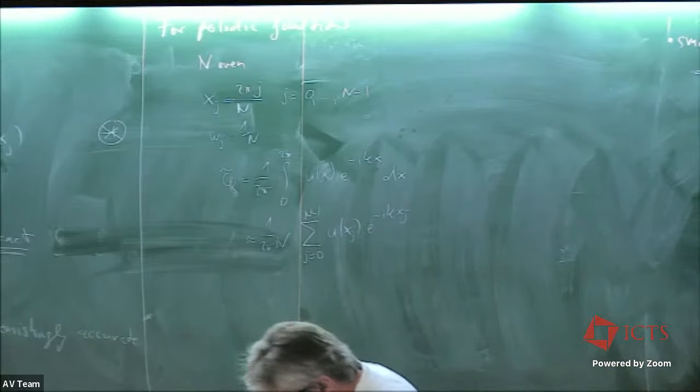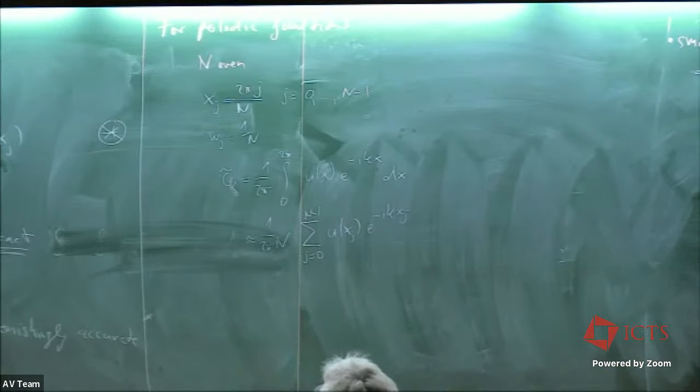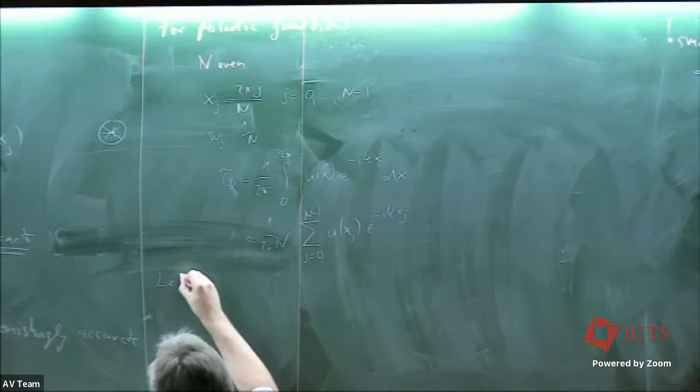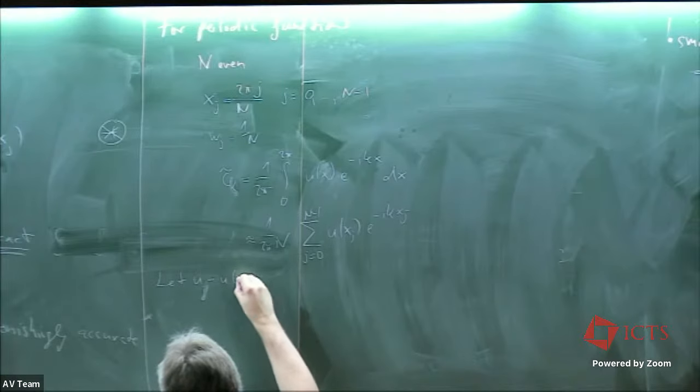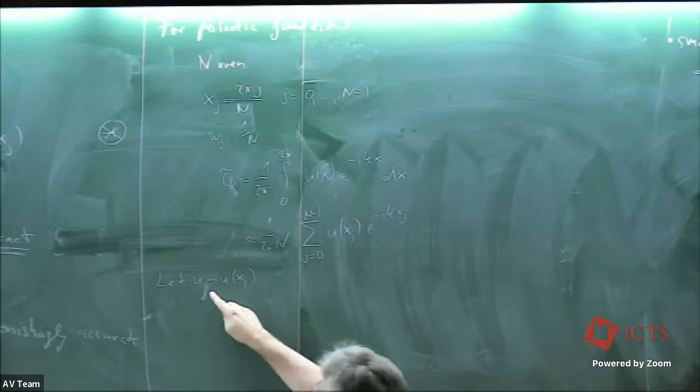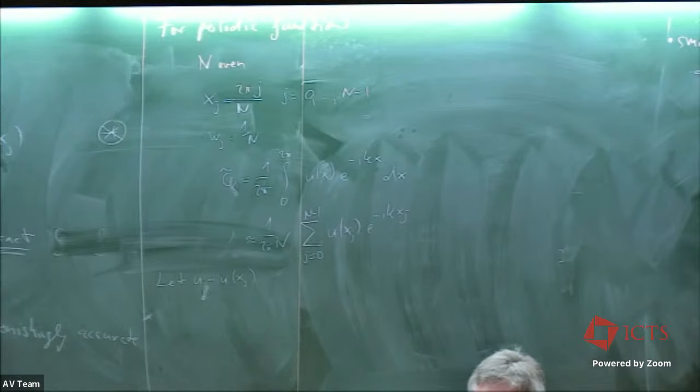If I'm also introducing one more piece of nomenclature here, I'm going to write uj as u of xj. So this is the value of the function u at the jth grid point.